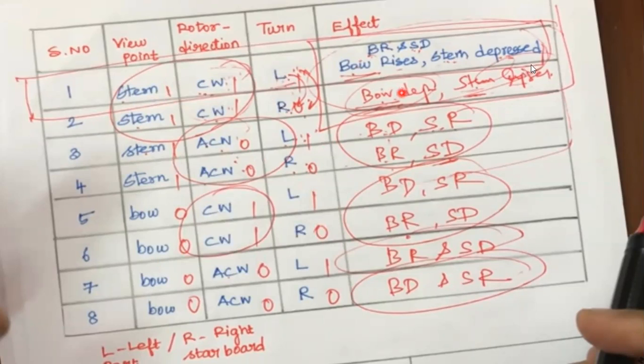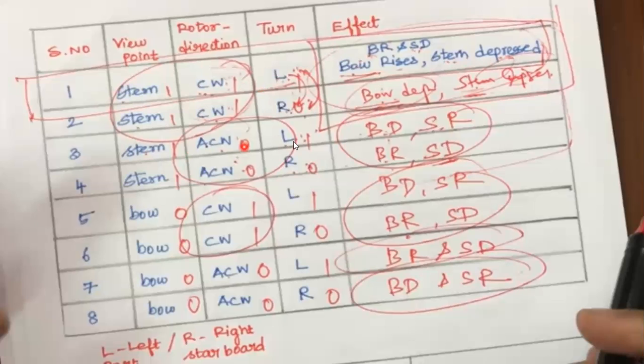The first condition we know very well, so try to remember it: the bow rises and stern depresses. Whatever you wrote for clockwise left, just write the opposite for clockwise right. Bow rise means here bow depress, stern depress means stern rise. So these two we filled. Next is anti-clockwise left: whatever you wrote for clockwise left, write the opposite.